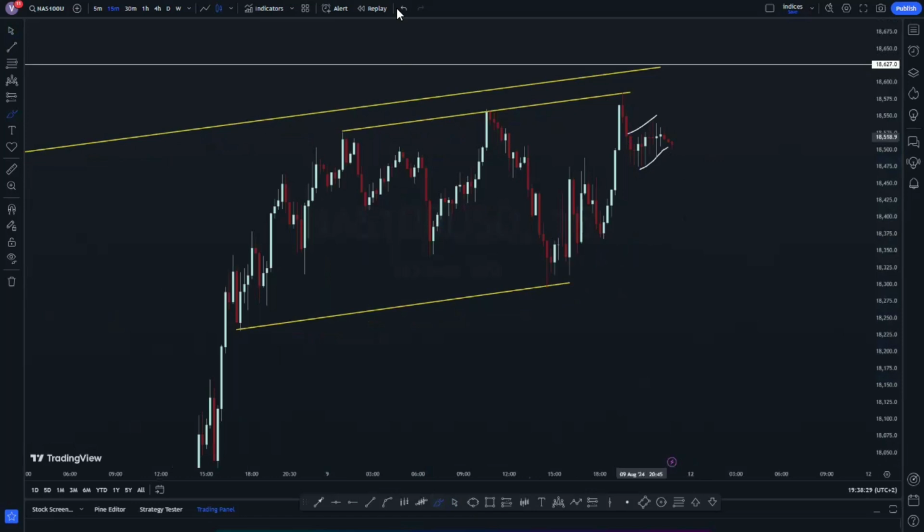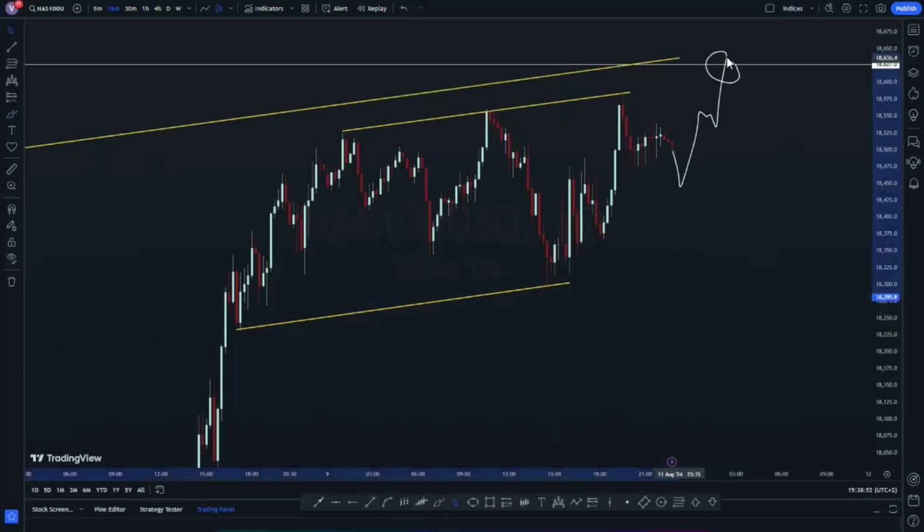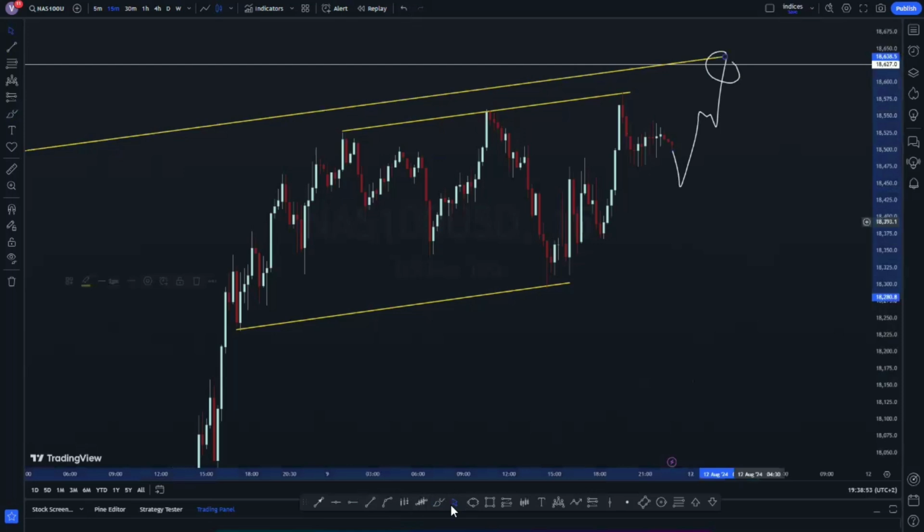So what might happen here is that the market might push to the downside a bit and push to the upside to test here and give us a clear third touch there at the top. So it can be something like this on this one here.